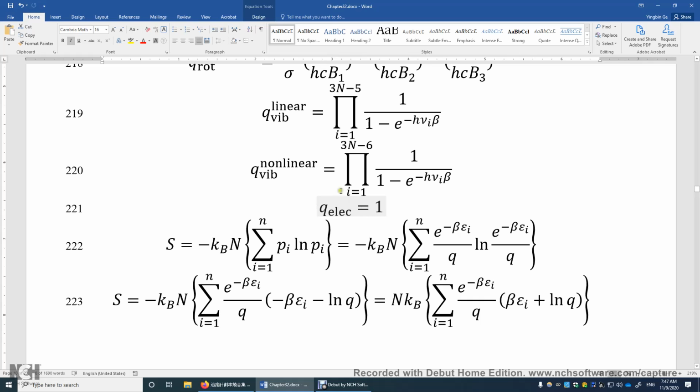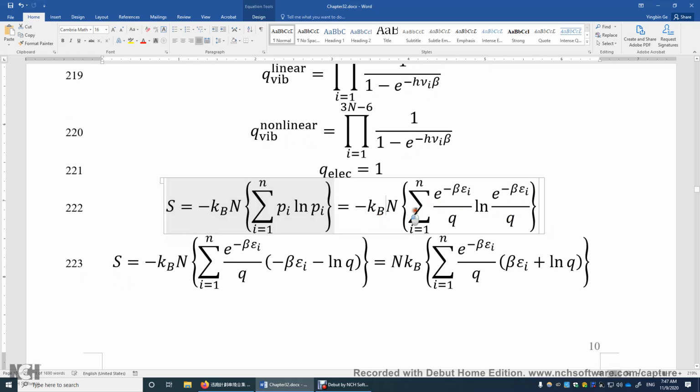Now let's look at the equation for entropy again. This is the equation for entropy, and P sub i is just e to the power of negative beta epsilon i over Q. We just replace every P sub i with this expression, and then from here to here is just algebraic derivation.